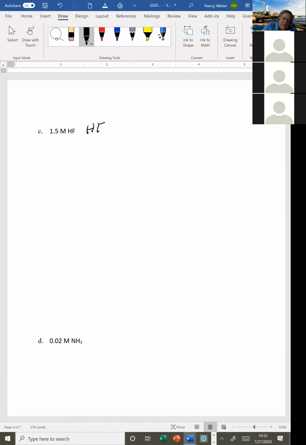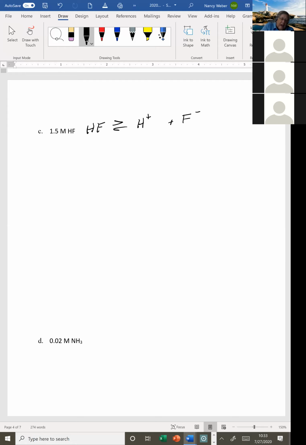So HF is going to be in equilibrium with hydrogen ion plus fluoride ion. Now, this is where you're going to have something else. You don't have quite enough to solve this problem, do you? It's not given there, and that's deliberate.